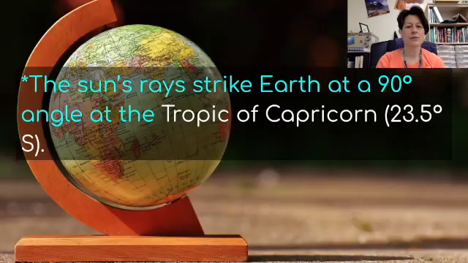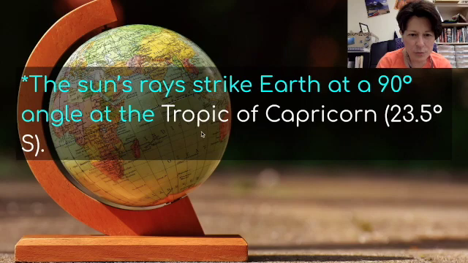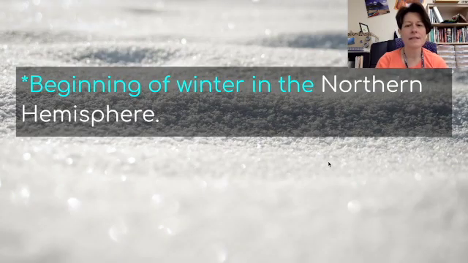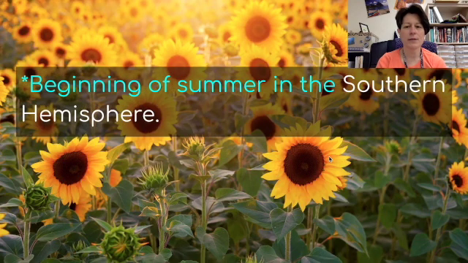The December solstice is when the sun's rays strike Earth at 90 degrees at the Tropic of Capricorn, which is 23.5 degrees south, this dashed line down here. This is the beginning of winter in the northern hemisphere and the beginning of summer in the southern hemisphere.